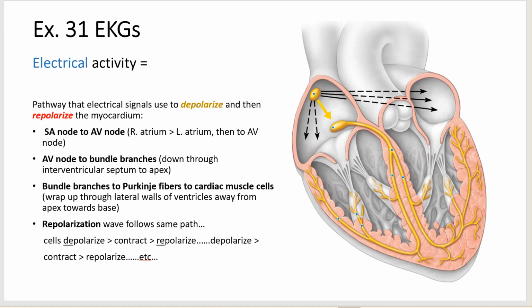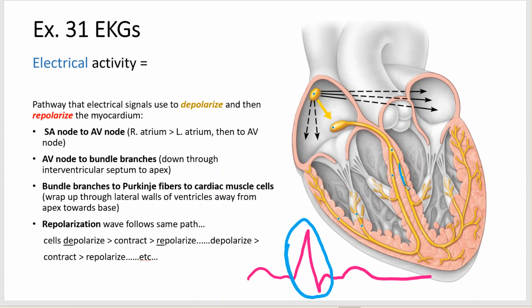You know, an EKG looks like that, right? And so we know that this piece right here is the ventricular depolarization, right? And so if everything is going at the same speed, we get this nice clear peak.